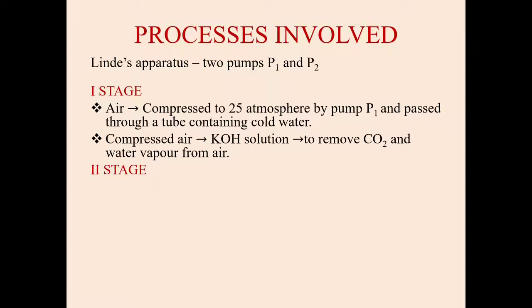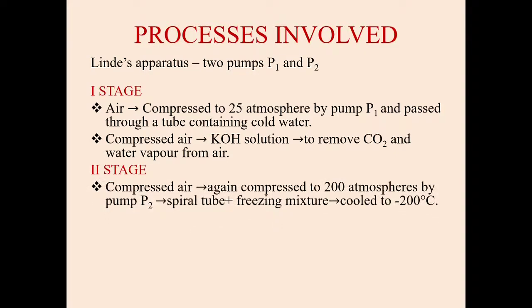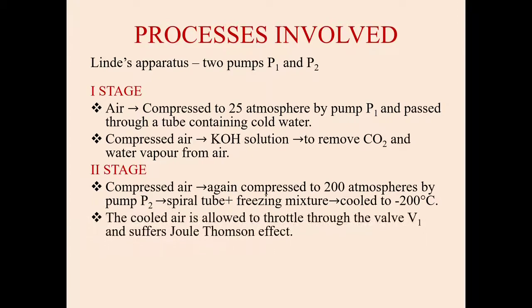The next stage is the compressor number 2. When it enters the compressor number 2, the pump P2 compresses the air to 200 atmosphere, and then it is fed to a spiral tube which has the freezing mixture, where the air is further cooled to minus 200 degrees centigrade. The cooled air is then allowed to throttle through V1, where it suffers the Joule-Thomson effect.